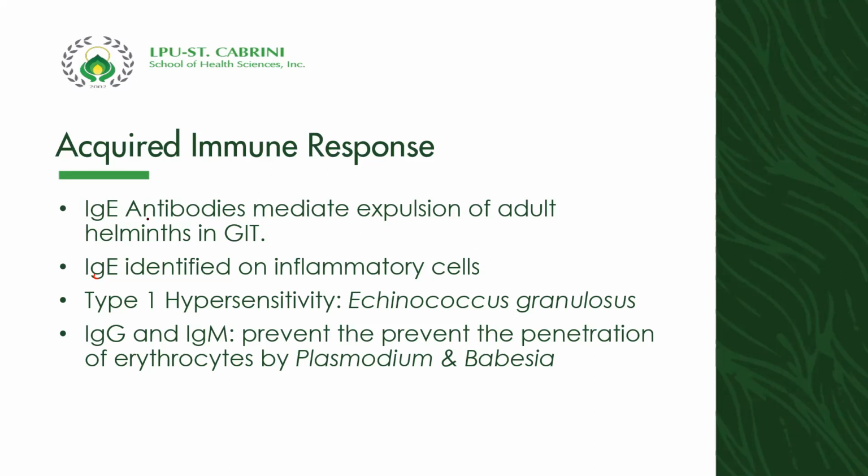IgE antibodies are bound to the mucosal mast cells, eosinophils, and goblet cells that can mediate eventual expulsion of the adult GI helminths in the GIT. So that is why it is elevated, to expel these helminths in the gastrointestinal tract.